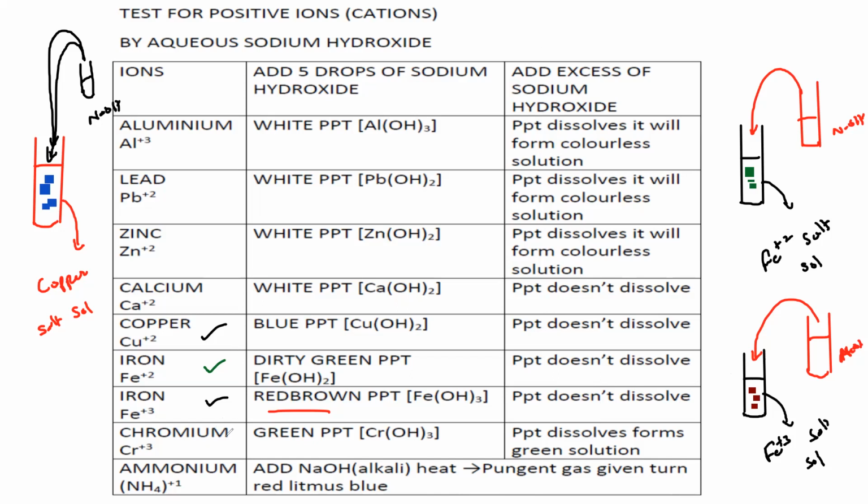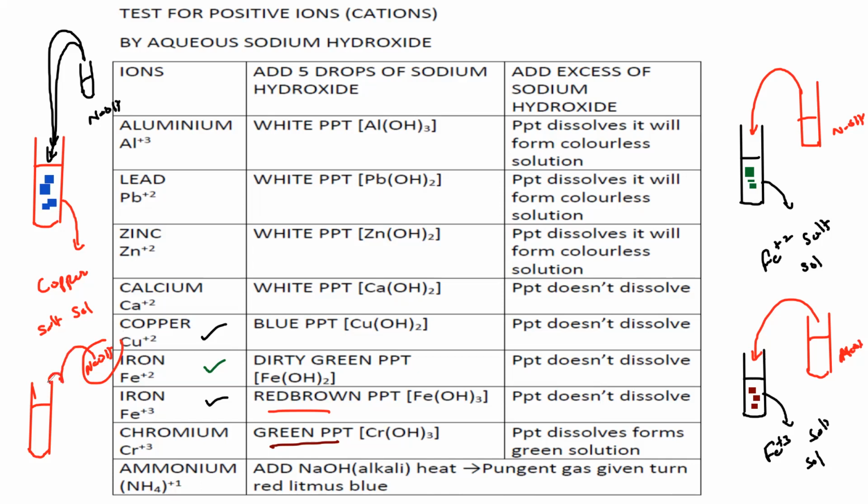If we have a chromium ion, we'll add sodium hydroxide, it will give a green color precipitate, and the precipitate dissolves to form a green solution. So first, what happened? If we have this salt of chromium, we are adding sodium hydroxide.